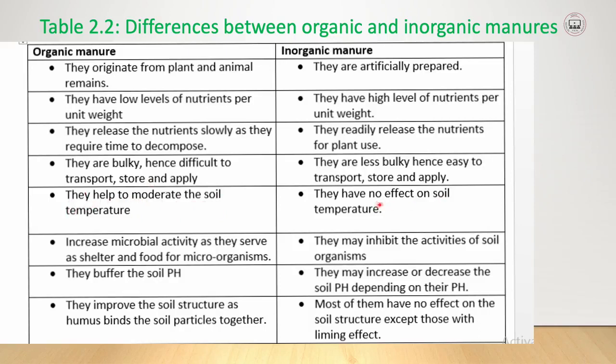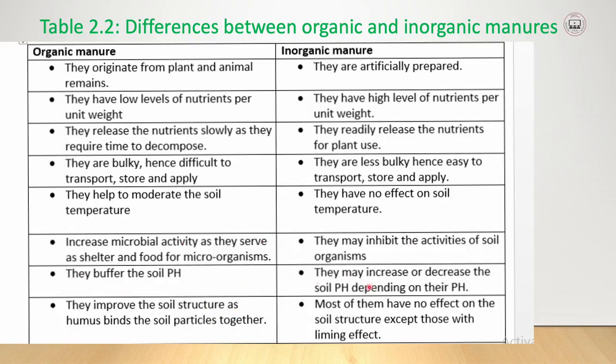Organic fertilizers increase microbial activity as they serve as shelter and food for microorganisms. On the other hand, inorganic fertilizers may inhibit the activities of soil organisms, as the chemicals used may kill the microorganisms. Organic manure buffers the soil pH.